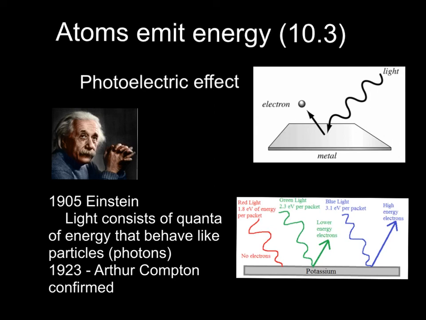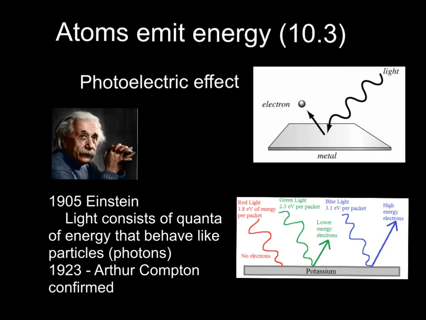And in 1905, Einstein concluded that a light wave could also act as a particle. And when it did that, he called that light wave particle a photon. The reason why he came up with this is because of something called the photoelectric effect that scientists could not explain.